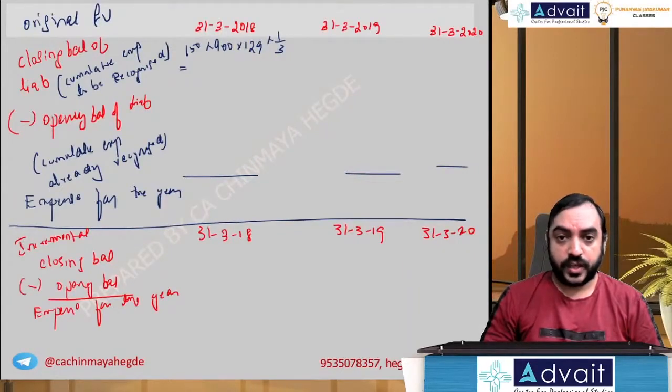So 150 into 900 into 129 divided by 3 is 58 lakh 5,000. Opening balance is 0, so the entire amount is current year expense, 58 lakh 5,000.